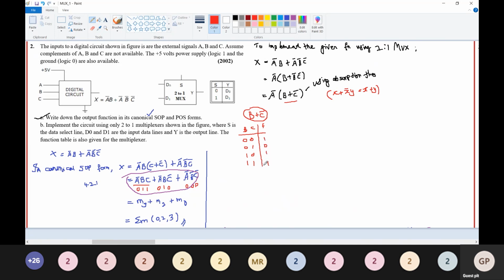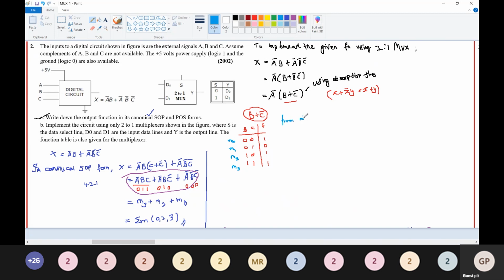In terms of the min terms, this is your min term m0, m1, m2, and m3.